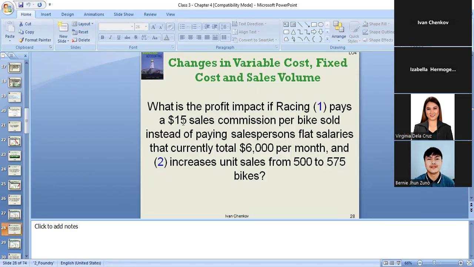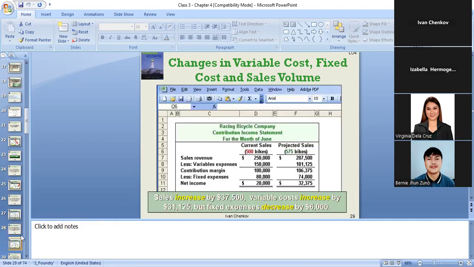Now, the other interesting point that I want you to see here is what is the profit impact if we're paying a $15 sales commission per bike instead of $6,000 per month, and sales increase by 75 units. How is this going to impact our company? Well, those are an additional 75 bikes that we're selling.